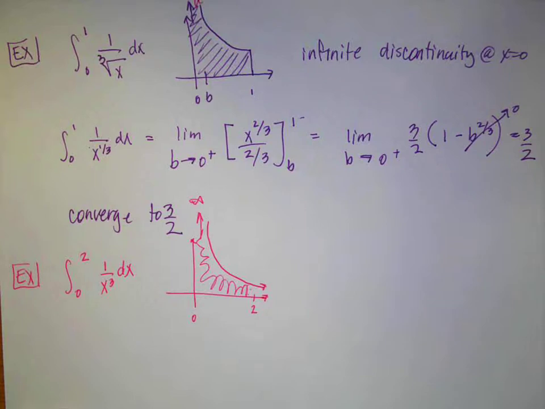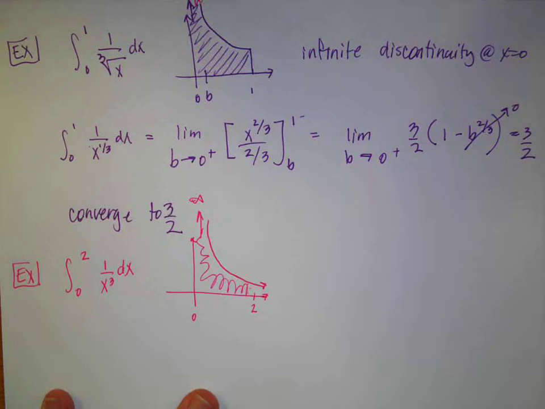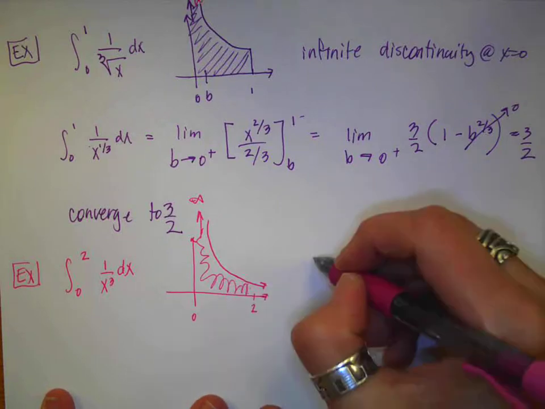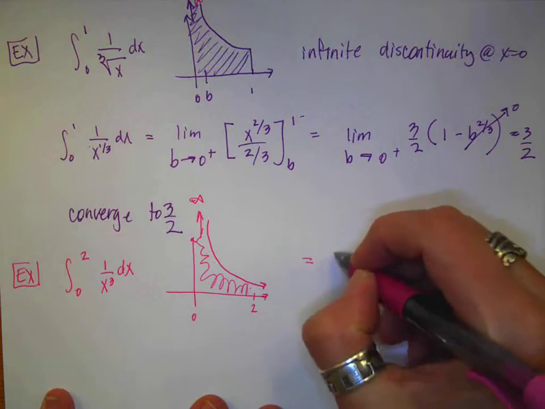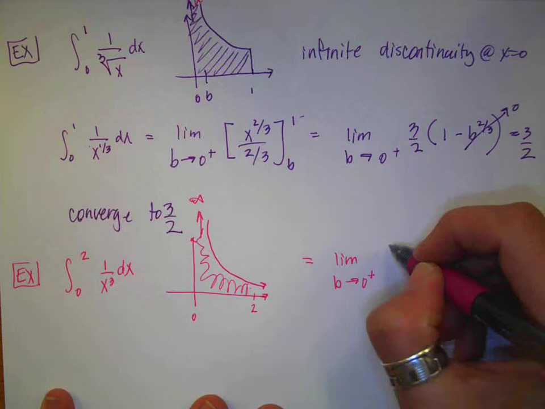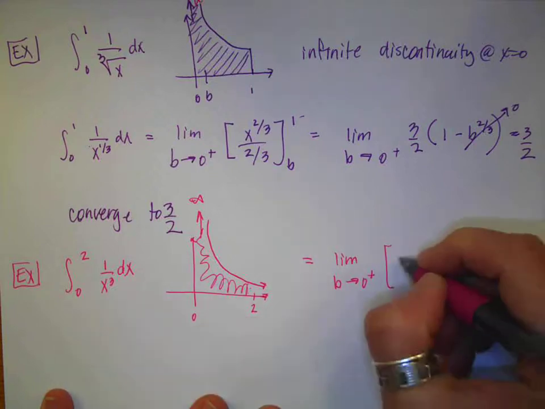But notice that my area continues forever that way, and so I again have an infinite discontinuity at x equal to 0.